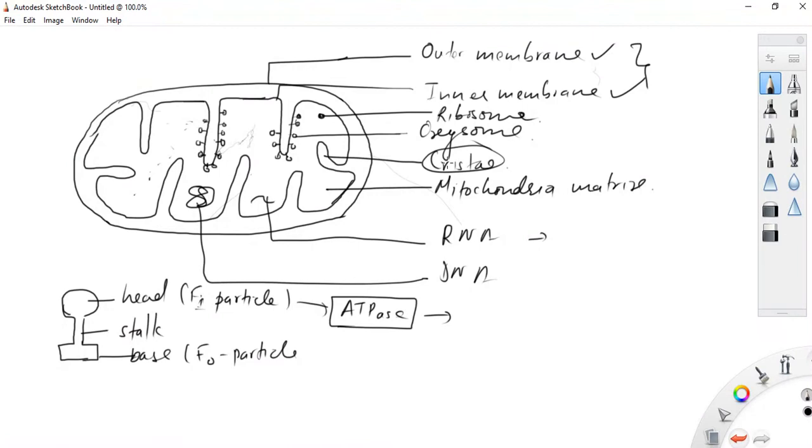So this is also information you get from the structure itself. Inside the inner membrane, you can see small pin-like structures. Can you see that one? These are known as oxysomes. So oxysomes are known as the functional unit of mitochondria.